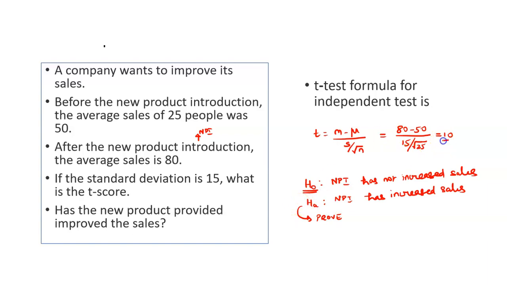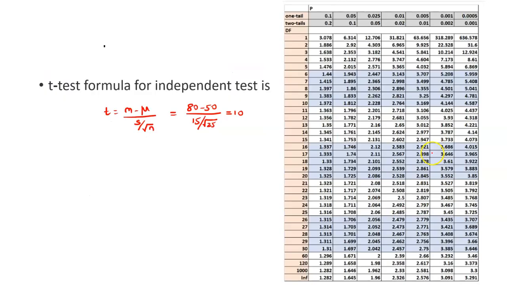So we have computed the value of t statistic, okay? Now we need to compare this with the critical value found from the t distribution table, right? So this is the t distribution table, okay? For the alpha value of 0.05, which is the significance level, and degrees of freedom. The sample size n is 25, right? So degrees of freedom is n minus 1, 25 minus 1, which is 24.